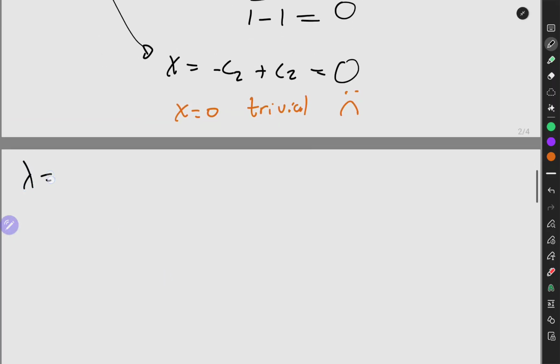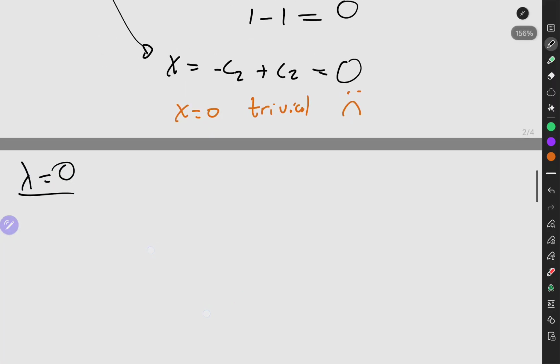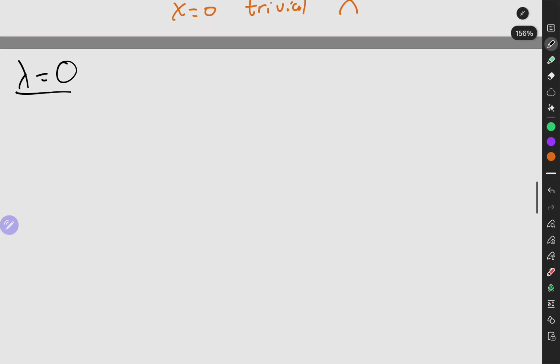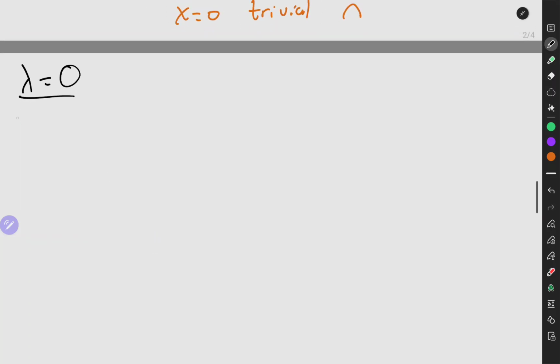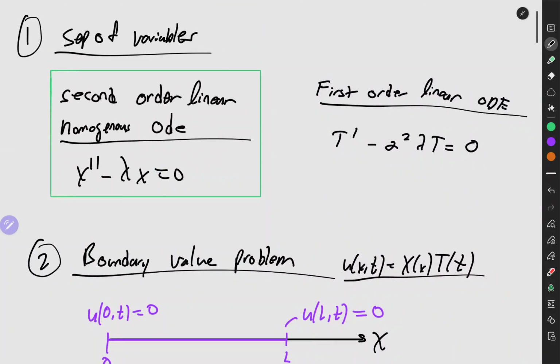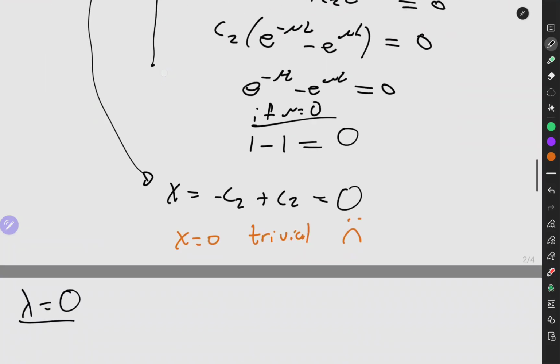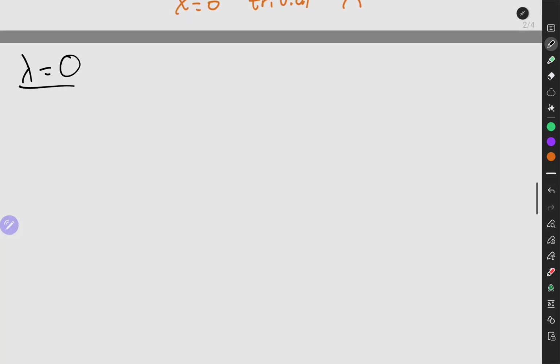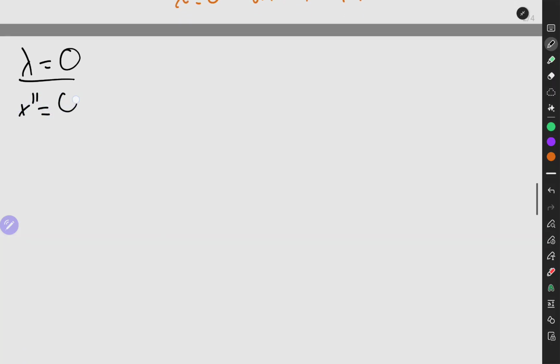Let's look at when lambda is 0. This one's a little easier. You don't have to make up anything for lambda. We're just left with x double prime equals 0, because lambda is 0. We then solve the characteristic. Correct?